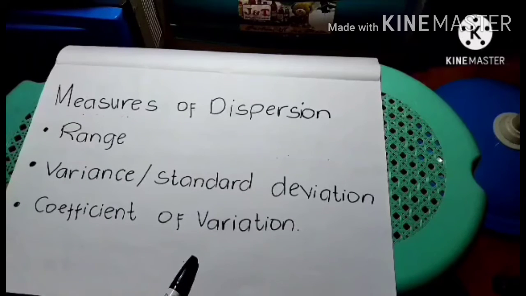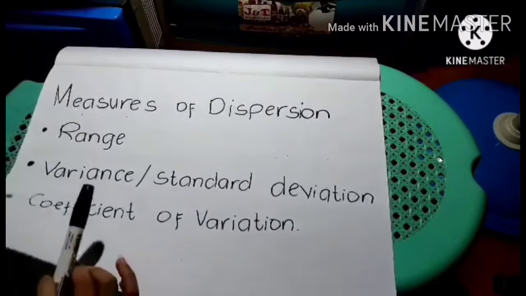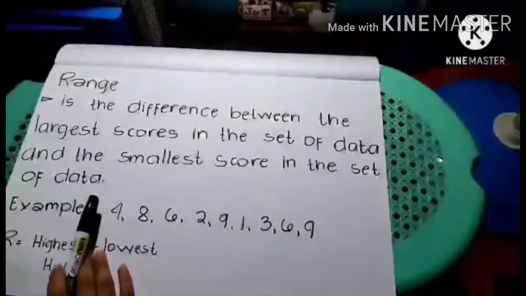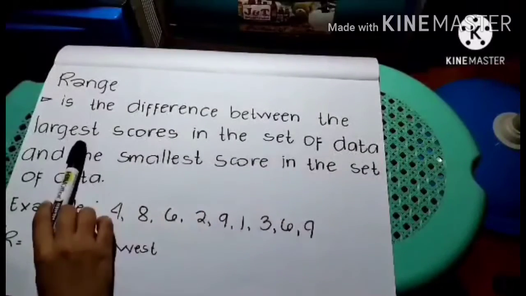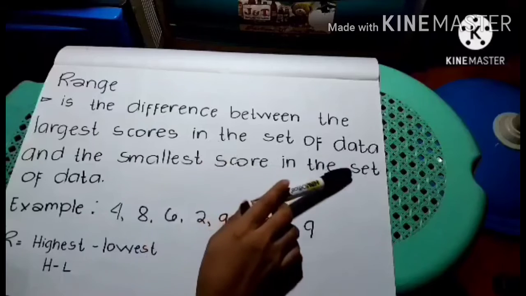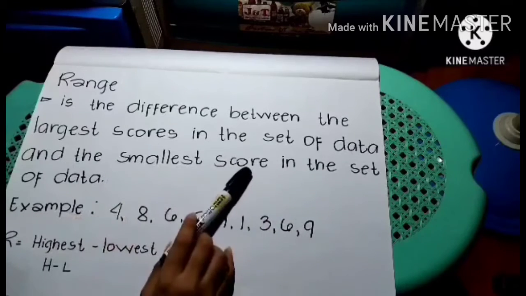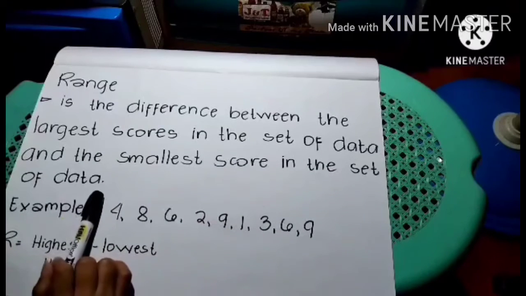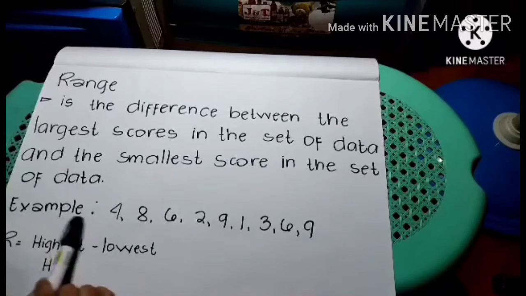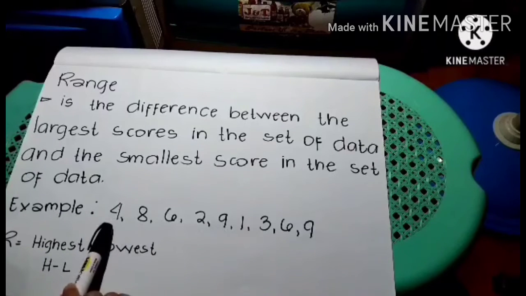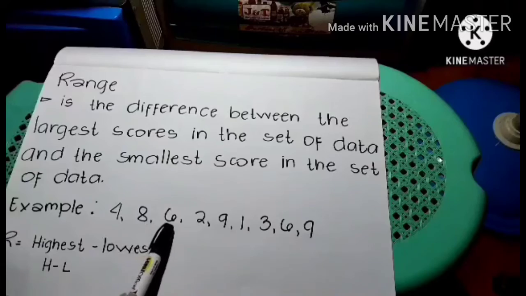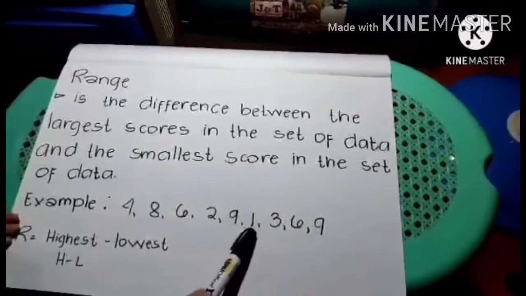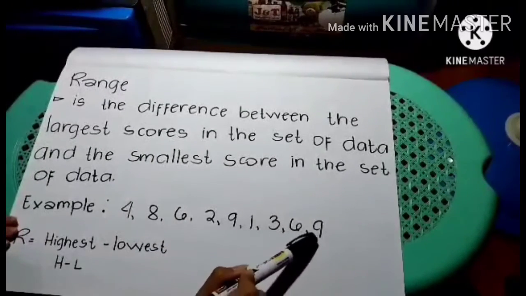So first, let's define what the range is. Range is the difference between the largest score in the set of data and the smallest score in the set of data. For example, our given data are 4, 8, 6, 2, 9, 1, 3, 6, 9.